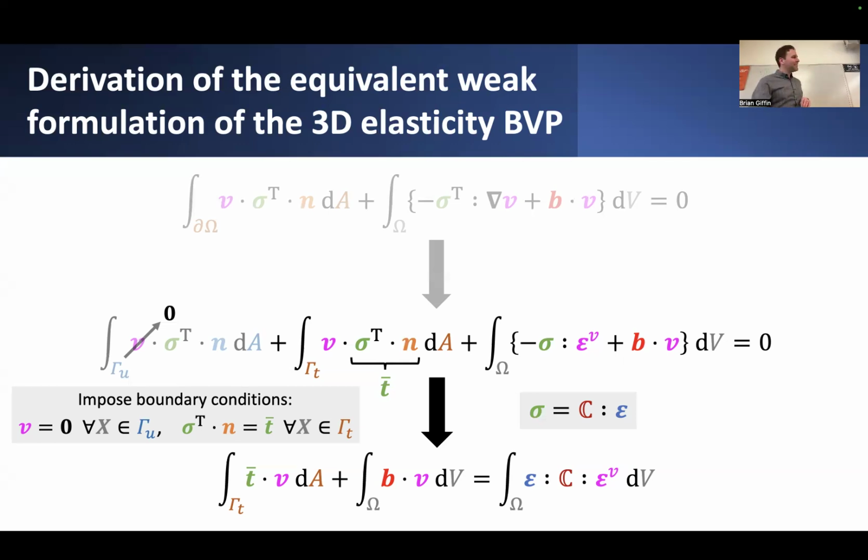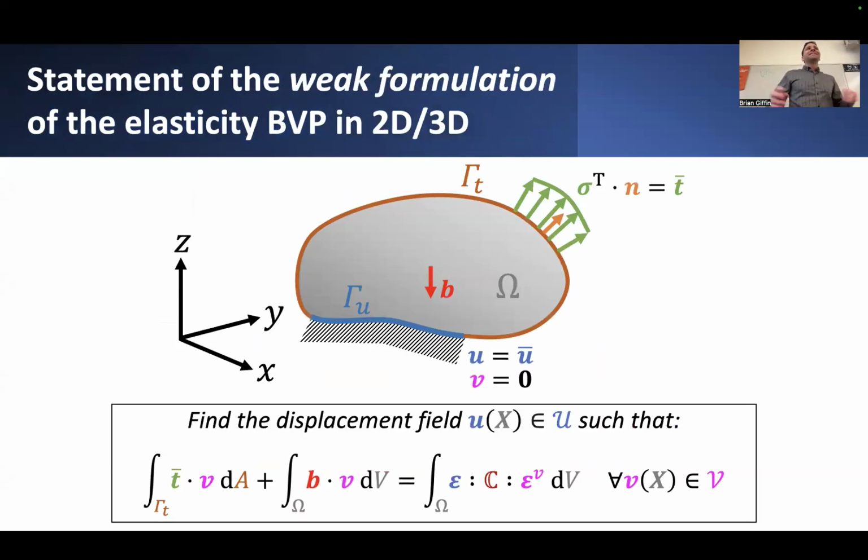Okay, so ultimately, taking all these things together and noting this final expression, the thing that we wanted, we can now pose the equivalent weak formulation of equilibrium in this generalized 2D or, if you like, 3D domain. It doesn't really matter if you're considering this a 2D or a 3D problem. Ultimately, a lot of the same mathematics apply. The divergence theorem can be applied in either situation.